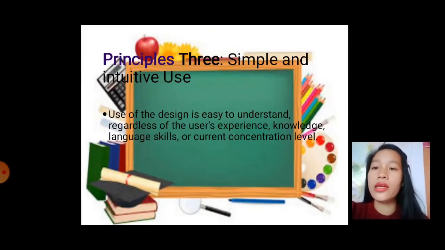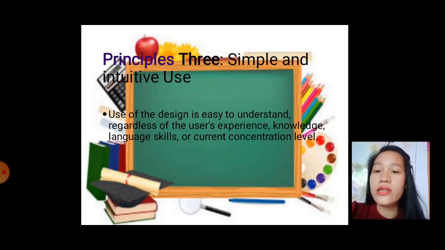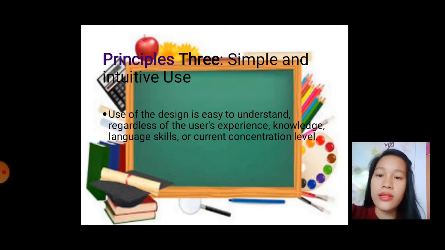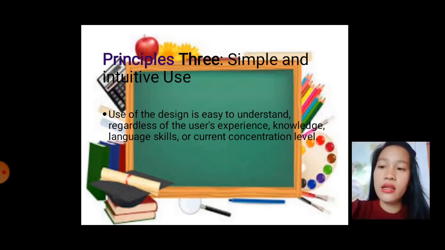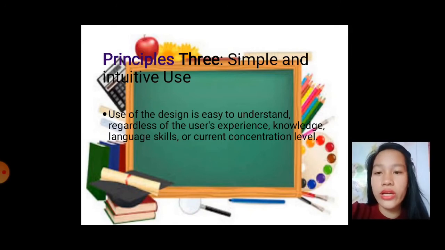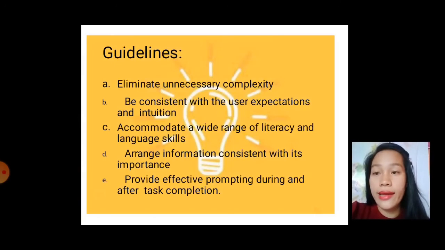And principle 3, simple and intuitive use. The use of the design is easy to understand, regardless of the user's experience, knowledge, language skills, or current concentration level. So here are the guidelines that we need to follow. Letter A, eliminate unnecessary complexity.